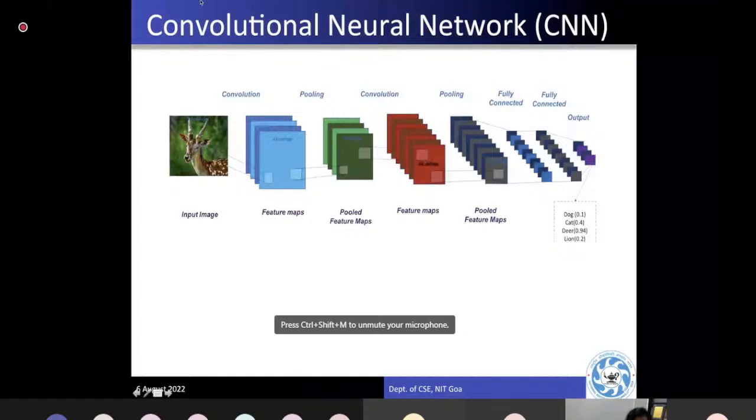So this is the image of a deer. First of all, let us assume we are going to predict the percentage that this is a deer, among different animals: dog, cat, deer, lion.